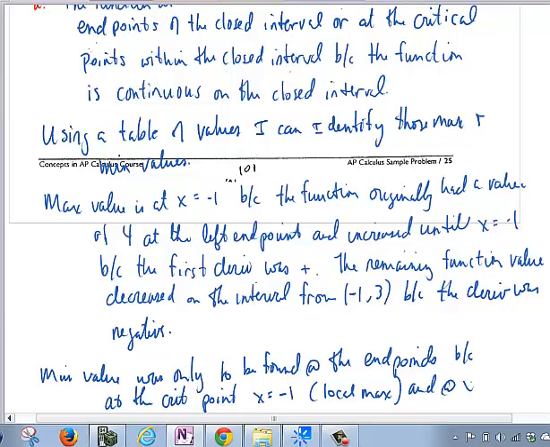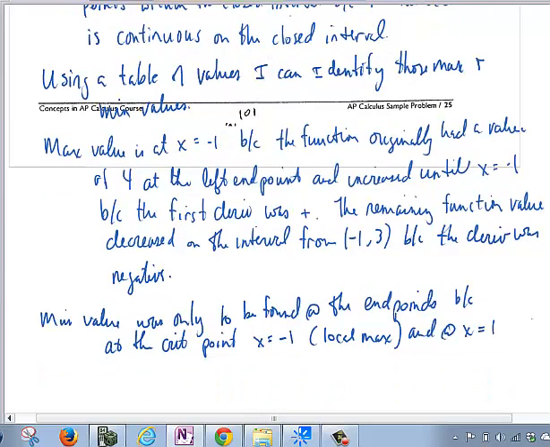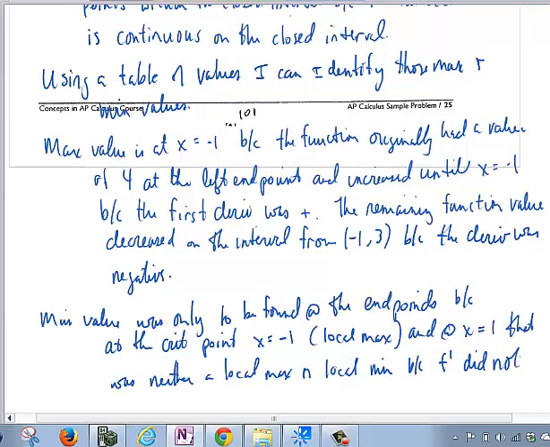And at x equals 1, that was neither a local max or a local min, because the first derivative did not change sign.